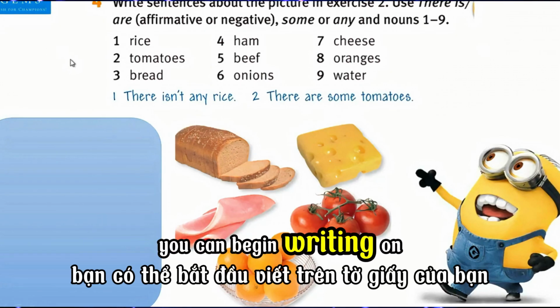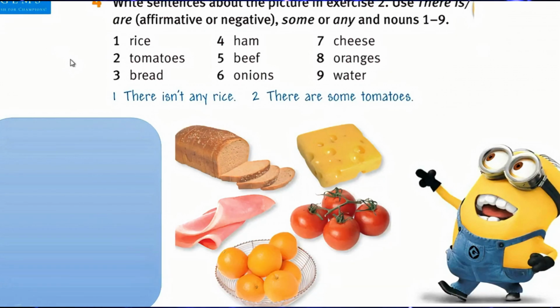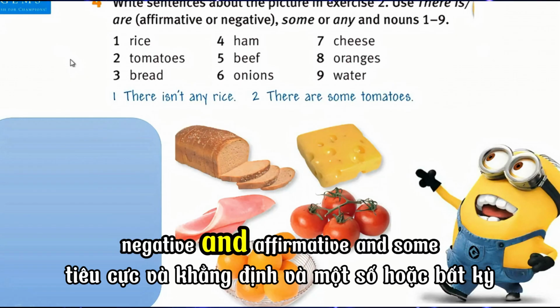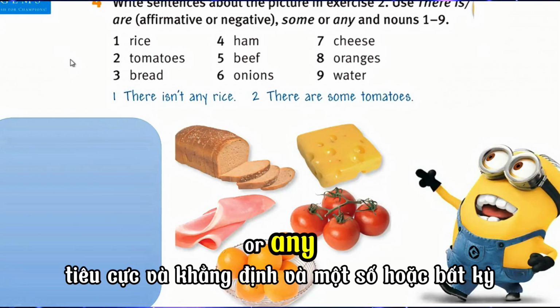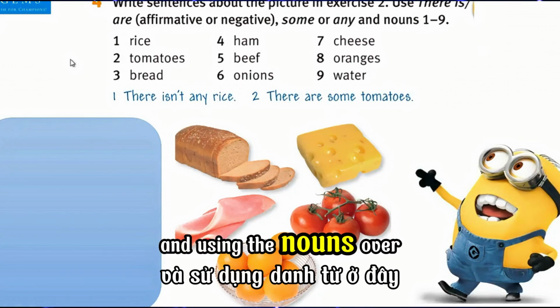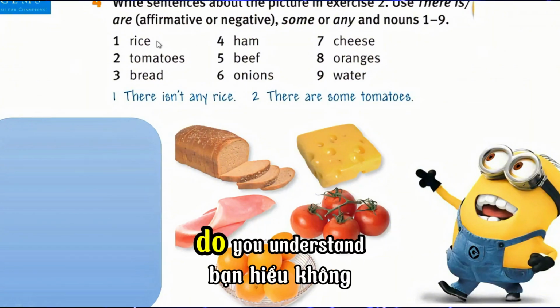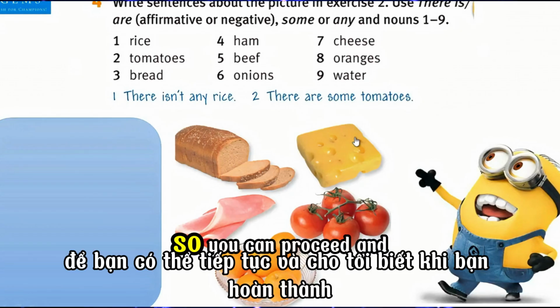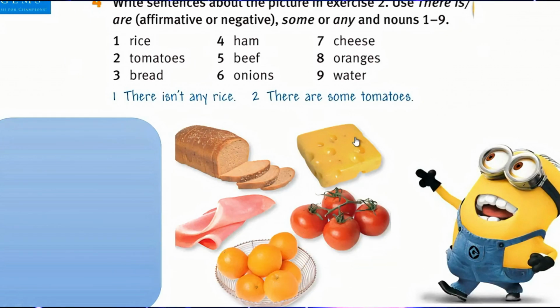You can begin writing on your piece of paper the rest of the sentences, using there is and are, negative and affirmative, and some or any, and using the nouns over here. Do you understand? I understand. Great. So you can proceed and let me know when you're done. We'll mark together.